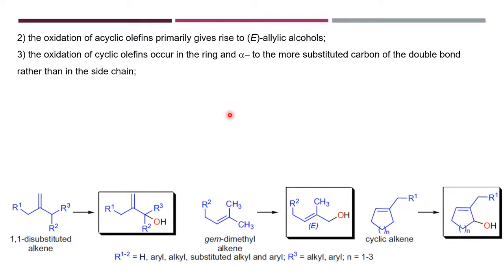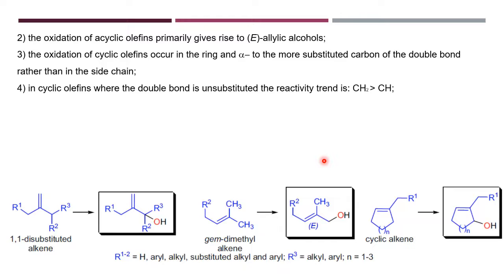Again, as we can see, in the case of geminal dimethyl alkenes, it specifically leads to the formation of allylic alcohol, and that also of the primary alcohol type. As we can see in point number 2, we have raised that the oxidation of acyclic olefins primarily gives rise to E-allylic alcohols, which is this one.